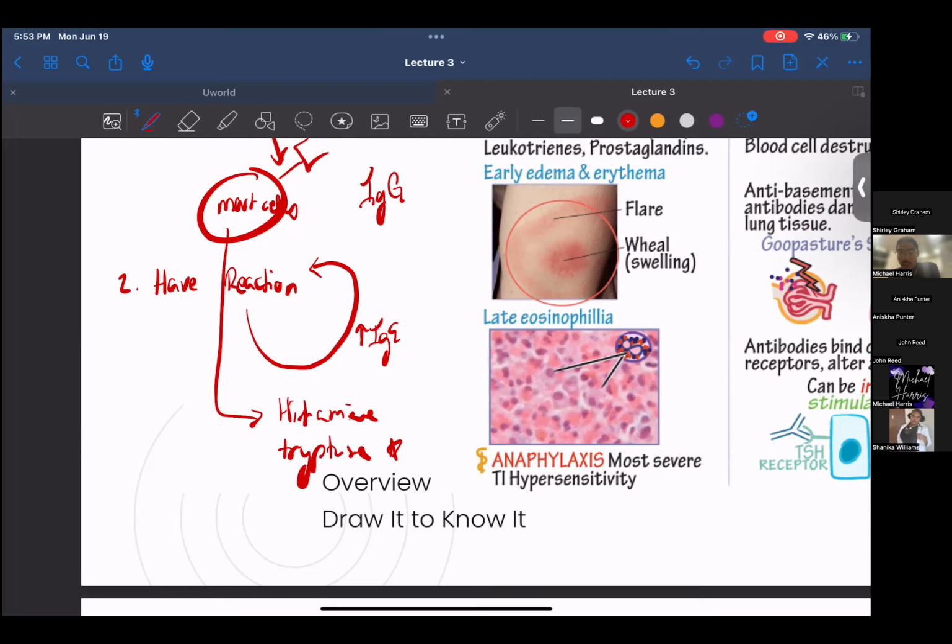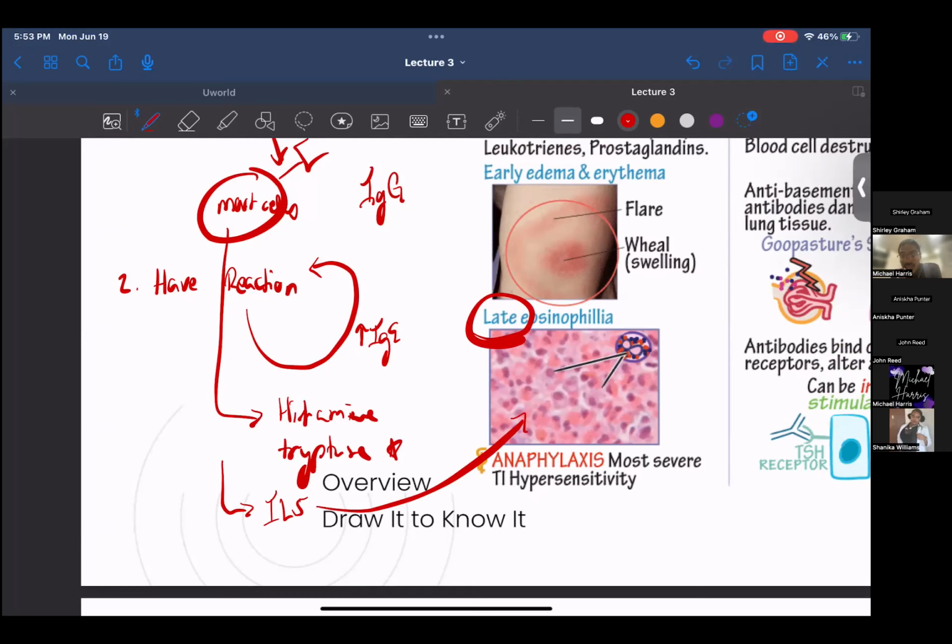All right. Now, after histamine and tryptase are released, you also have a variety of other things that are released. For instance, you release things like IL-5. IL-5 brings in eosinophils. So eosinophils come in during the late phase because you have to think: IL-5 has to be produced, IL-5 then has to go and stimulate eosinophils, and eosinophils then have to travel to the tissue.